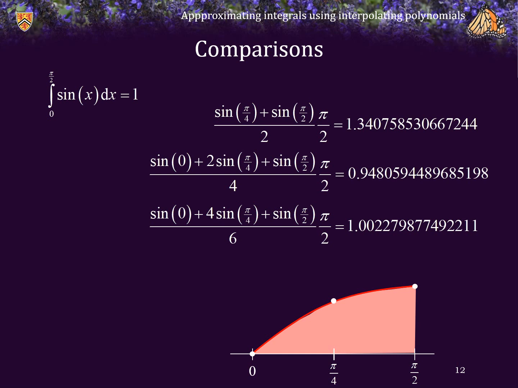So Simpson's rule is indeed significantly better, even though the width of the interval is actually quite large. We went from a 33% relative error to a 0.2% relative error, or essentially the error dropped by a factor of 100. Well, more than 100.